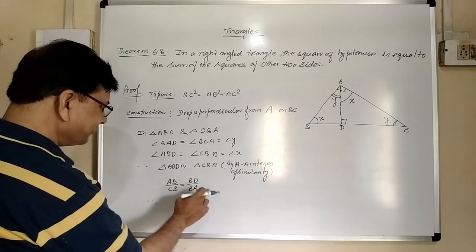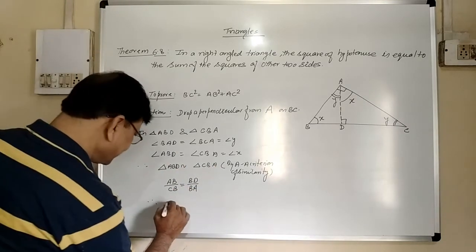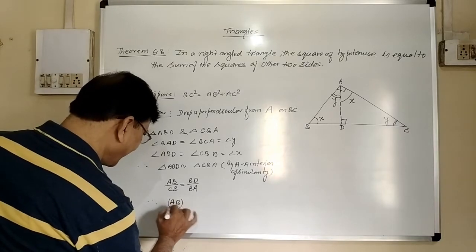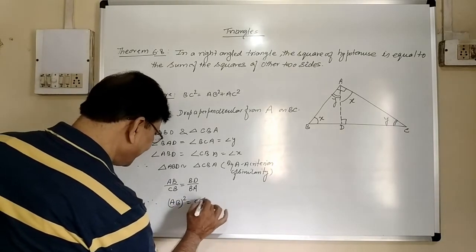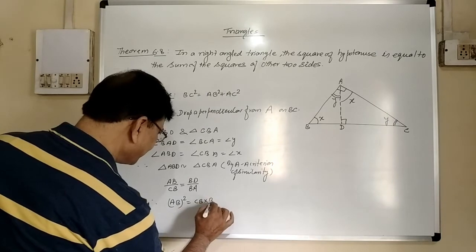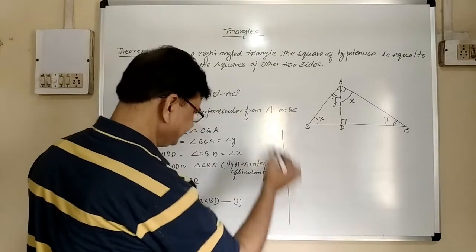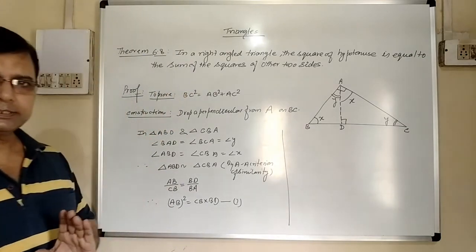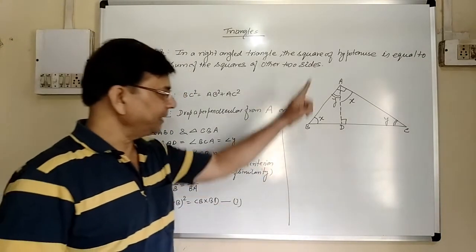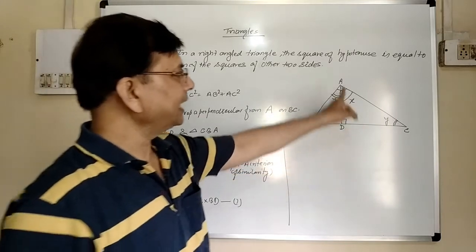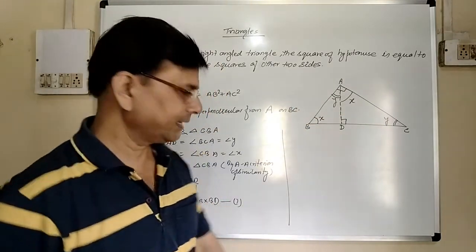Therefore, AB square is equal to CB into BD. Equation number 1. This is the relation. Now we will go for the big triangle, that is ABC and ADC.